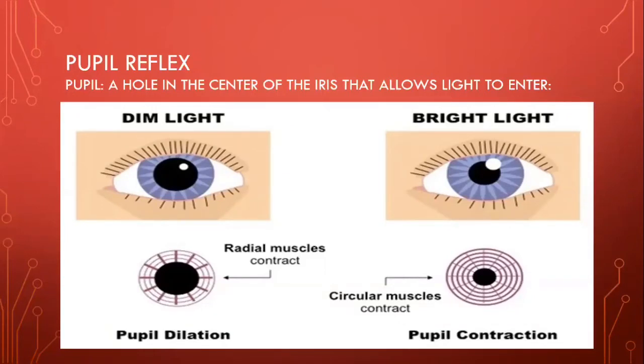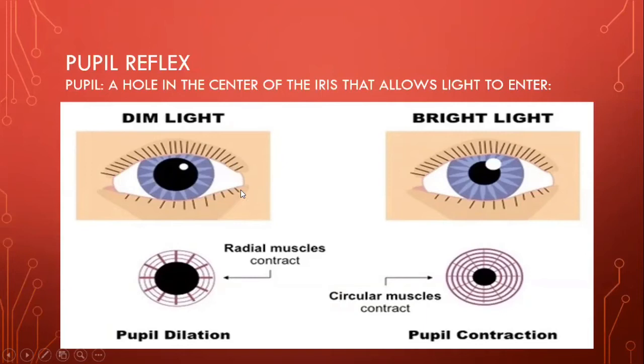Now, we have two situations. The first situation is that we have dim light present. Now, dim light means that the image formed will not be clear. In order for the image formation to be clear, we need maximum light rays from that dim light environment to enter into our eyes.